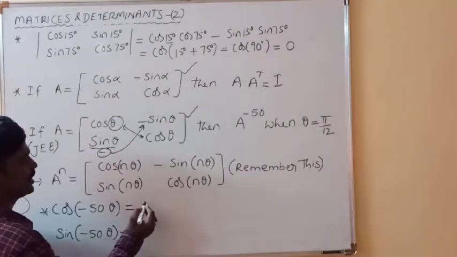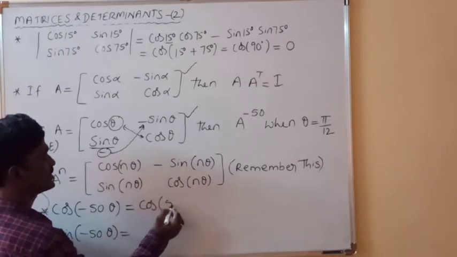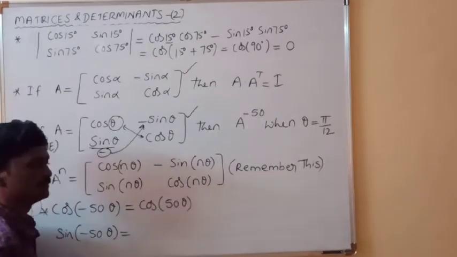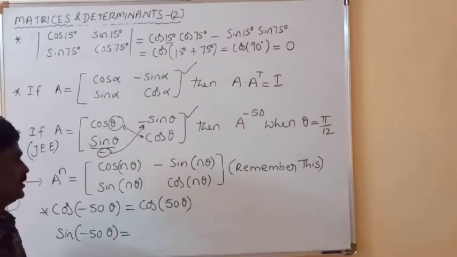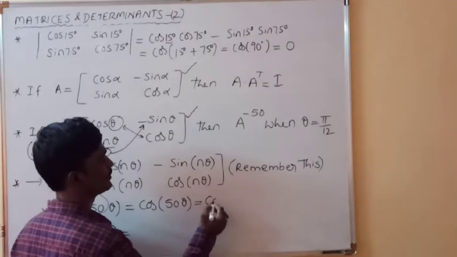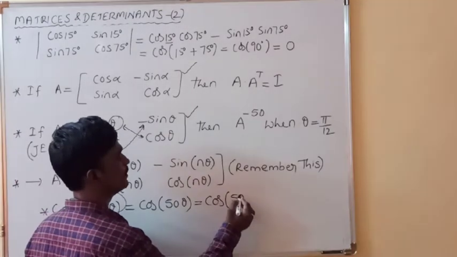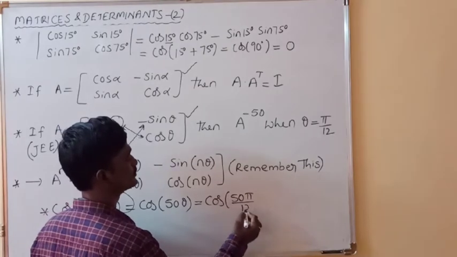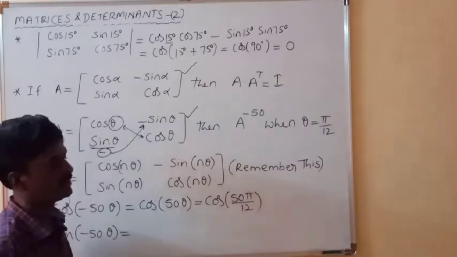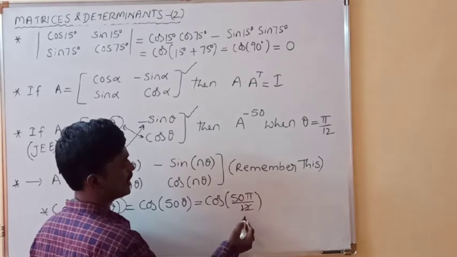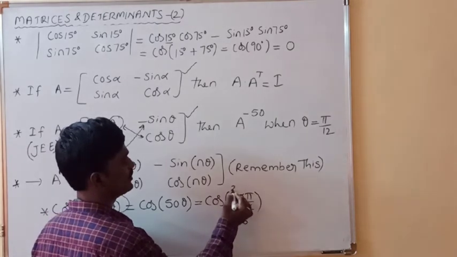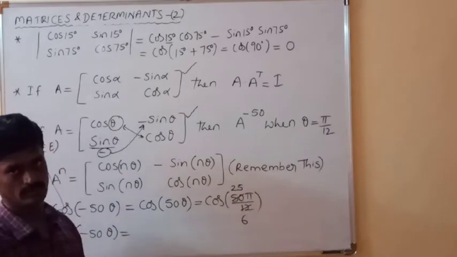Okay, so cos of minus 50 theta is same as cos of 50 theta. Am I correct? Okay. So 50 theta, 50 into pi by 12. Okay. So further here you see 2 sixes are 12, 2 twenty-fives are 50.